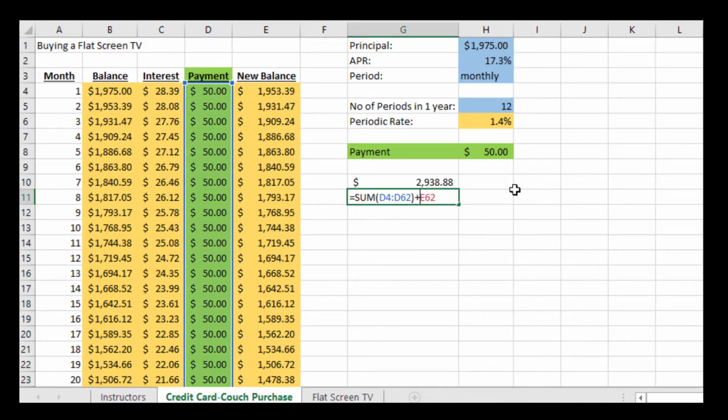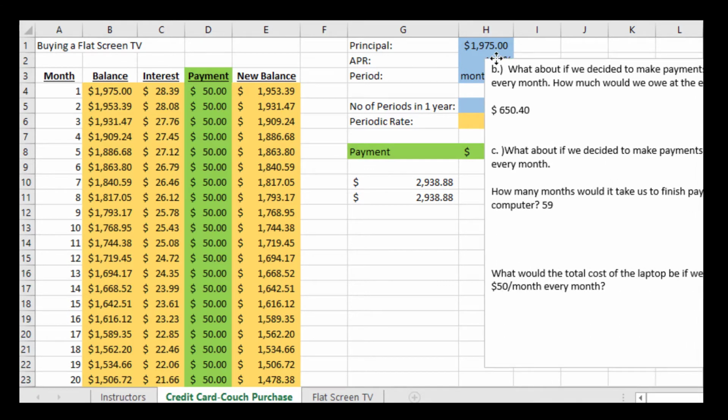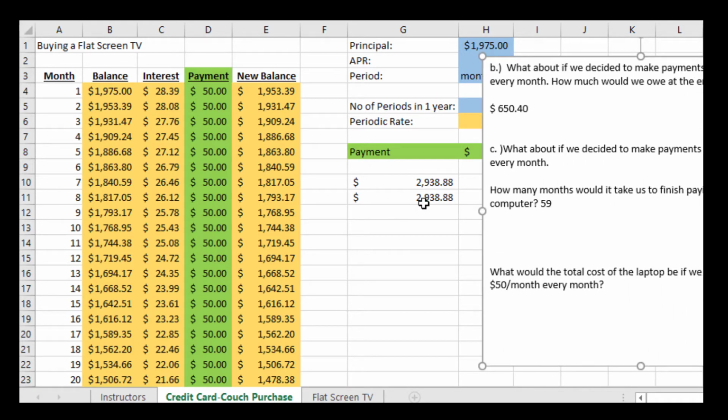So really I'm going to add the overpayment because the overpayment's a negative number. Subtracting a negative number is adding. And I get the same thing. So the total amount paid, which you can now put in your answer, in your worksheet, in your workbook, is right here, 2938.88.